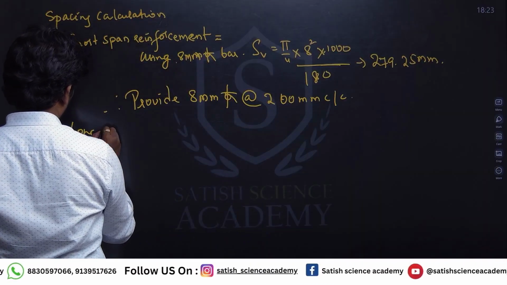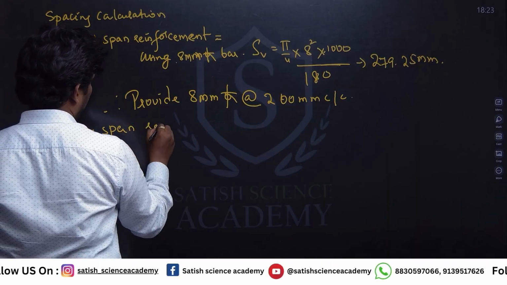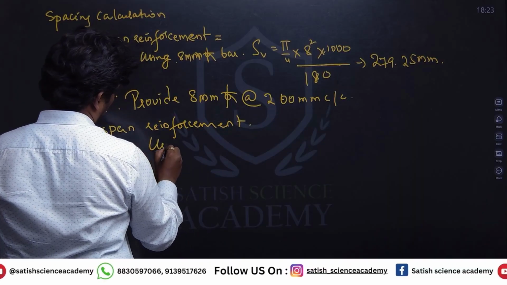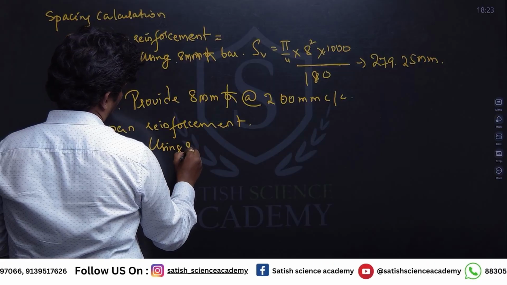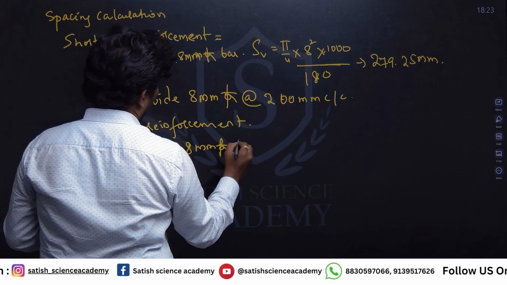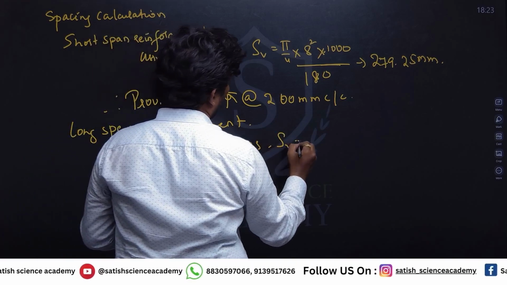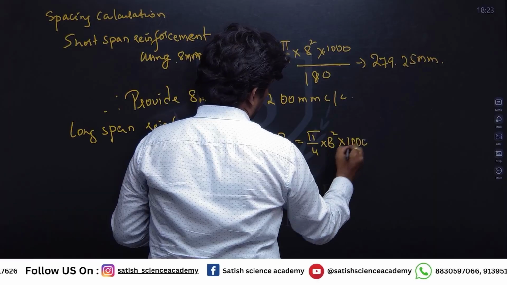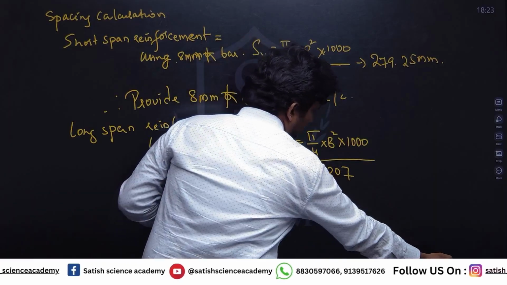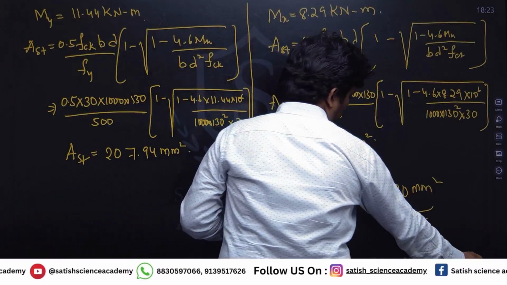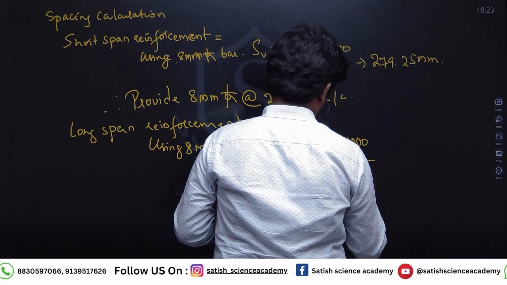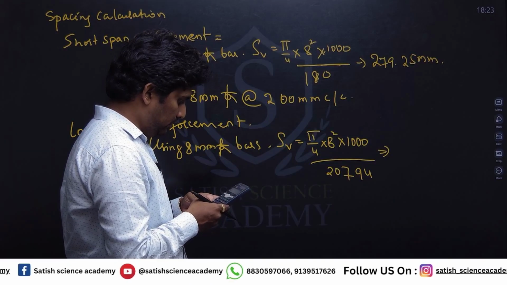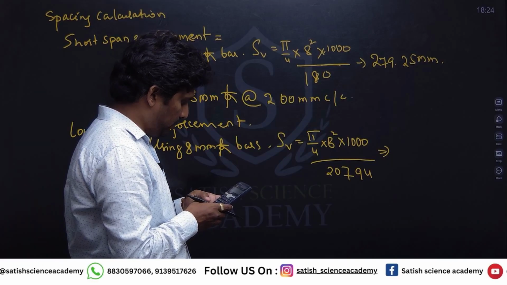Long span reinforcement: again using 8 mm dia bars, Sv equal to pi by 4 into 8 square into 1000 divided by 207.94.